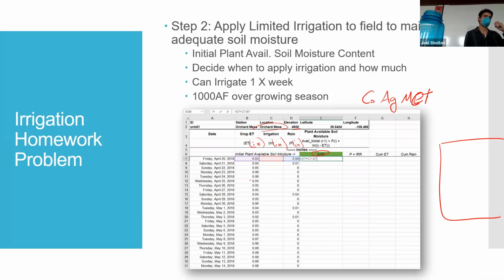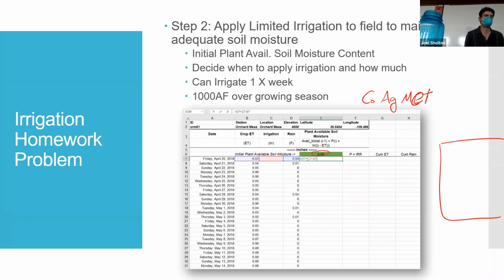Your job is to say, okay, we've got evapotranspiration, and we've also got a rainfall record, how much rain fell on that day. I need to irrigate to make up for that deficit. So I have water leaving from evapotranspiration and water adding from rainfall. I'm going to start accounting for that water and make sure that I stay within those ranges that I said.